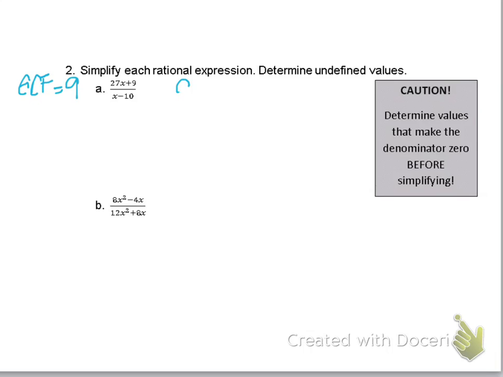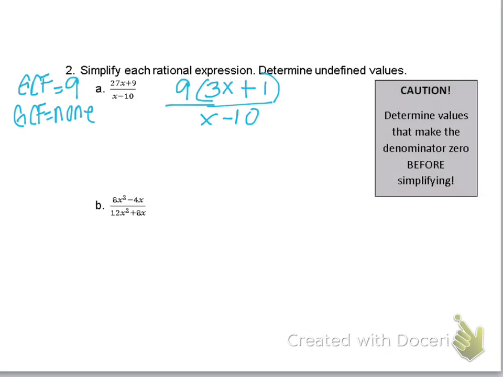So I would pull that out, and then 27 divided by 9 is 3, and then we have an x, plus 9 divided by 9 is 1. Okay, and then the greatest common factor for the denominator is none. So the denominator is just going to stay x minus 10.